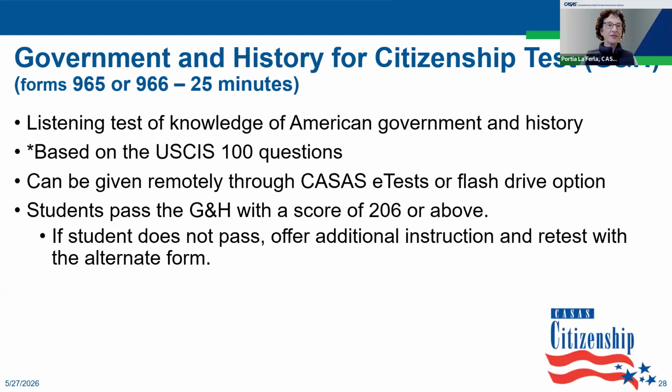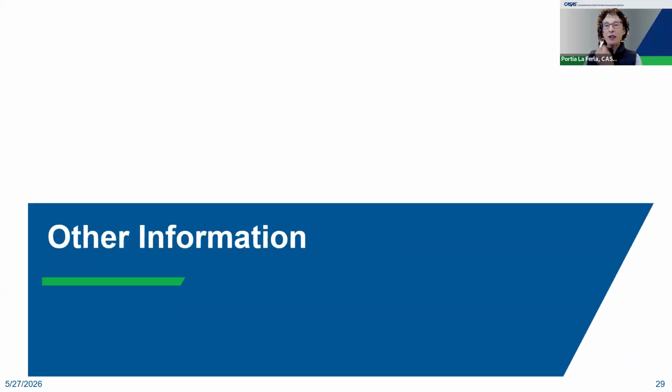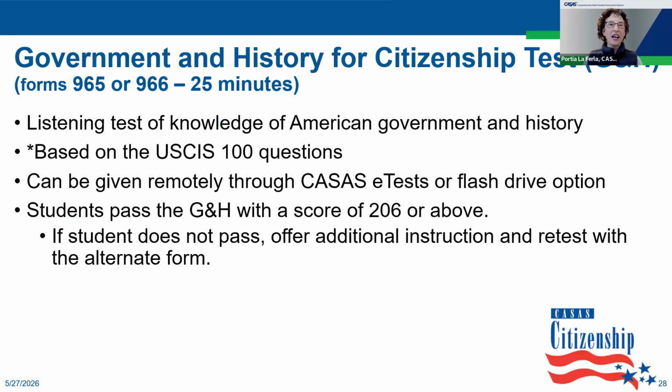Next slide. We're not going to talk very much about CIT today because the CIT certification and recertification modules are closed for now. They'll reopen to CIT certifiers on July 1st and recertifiers in early January. But the government and history for citizenship test is available. That's a listening test.